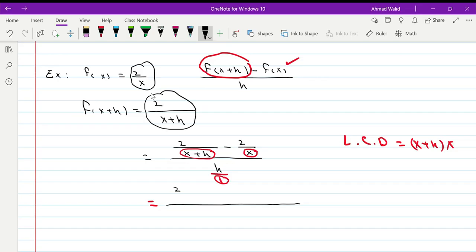Multiply 2 over x plus h with x times x plus h, minus 2 over x times x plus h, all over h times x times x plus h.